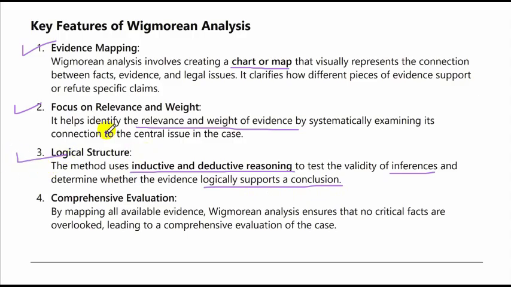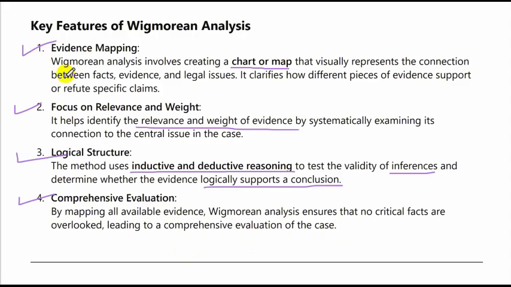The key features are evidence mapping, focus on relevance and weight, and logical structure. The fourth is comprehensive evaluation. By mapping all available evidence, Wigmorean analysis ensures that no critical facts are overlooked, leading to a comprehensive evaluation of the case.